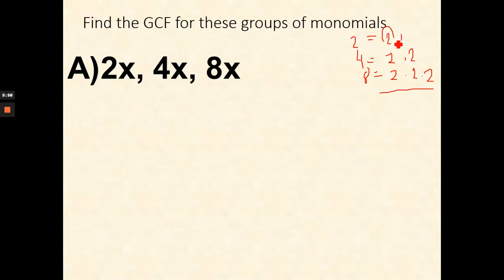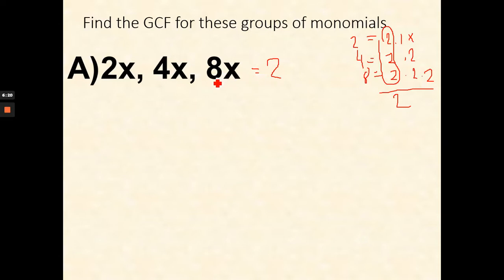Remember, our goal here is to find the common factor. So, do they have a common factor? Yes, and that is 2. Can we consider this as the common factor also? No, because there's no 2 in the first number anymore. So, the common factor of 2x, 4x, and 8x is 2.